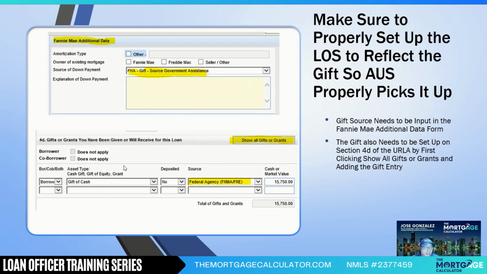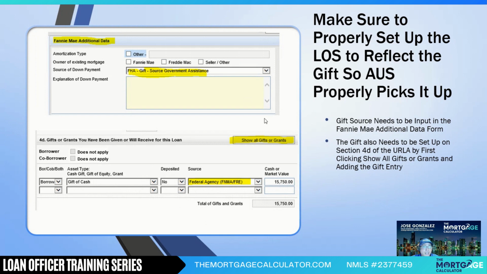And then the other snippet down here is from section 4D of the URLA, where you are including the gift. You have to first click show all gifts or grants. That opens up the section where then you click the plus sign to add a new entry, and the new entry is going to be for the borrower, the gift of cash from a federal agency, deposited, no, and the amount of the gift.